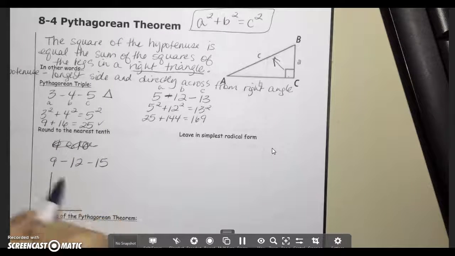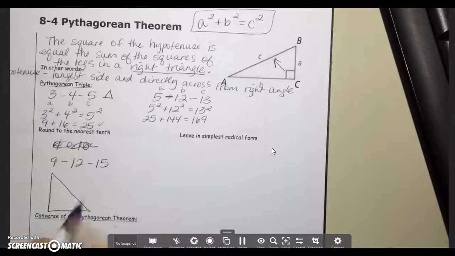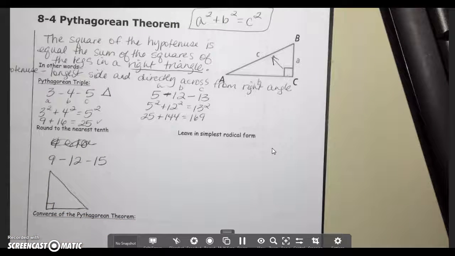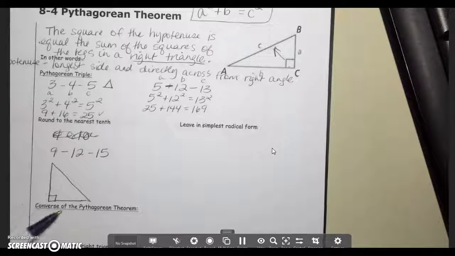So I need somebody to label this triangle for me. Who wants to volunteer to do that? Thanks for volunteering, Ty. That's awesome. Which one of those would be my hypotenuse? 15, and where is it? The slanted one, right?